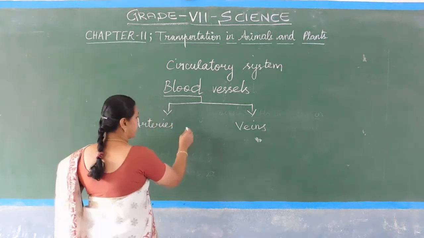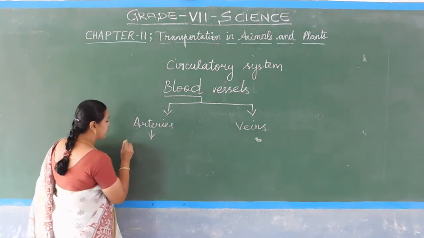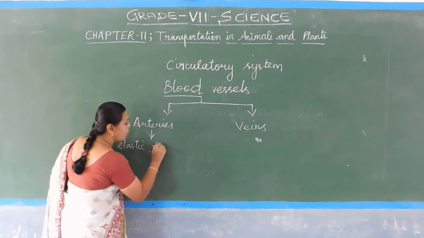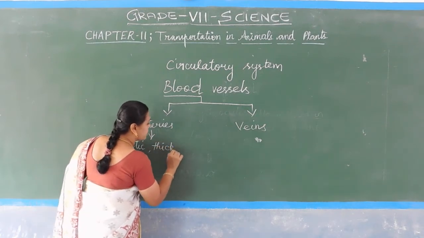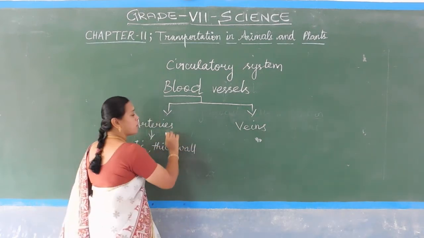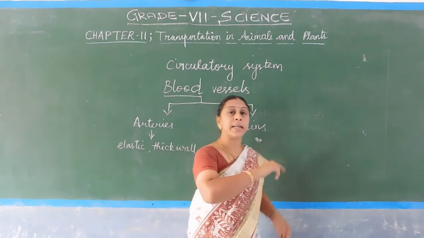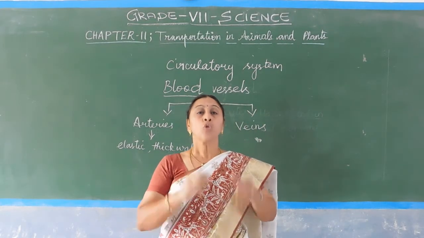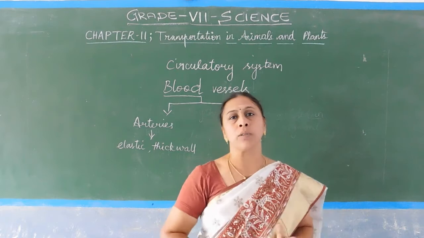And this artery is elastic and has thick walls. These two blood vessels, arteries and veins, are tubular in nature, through which the blood flows.